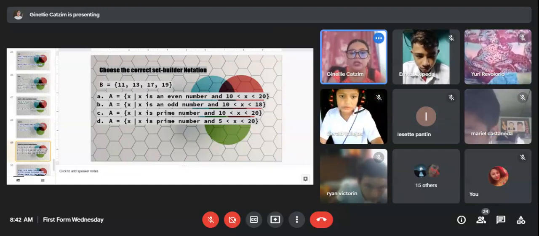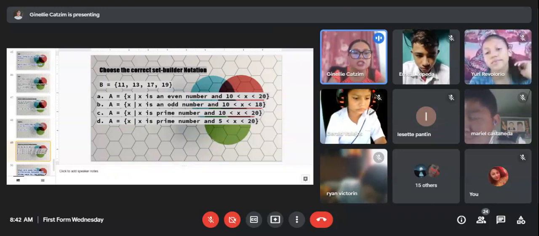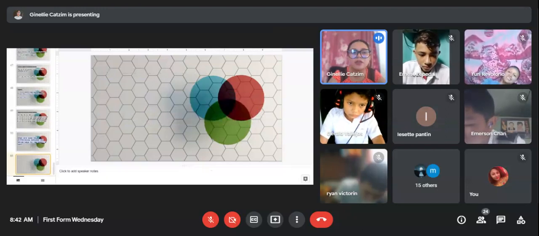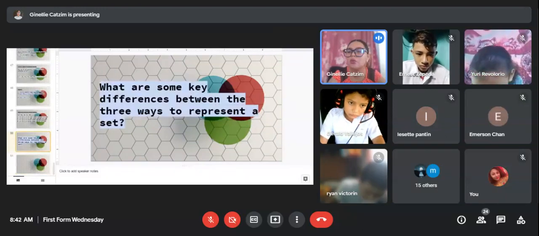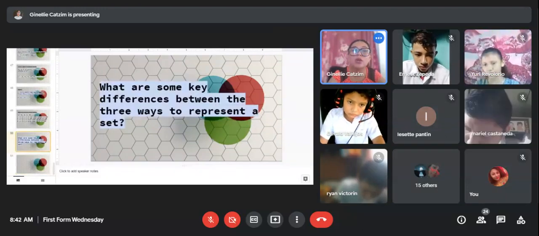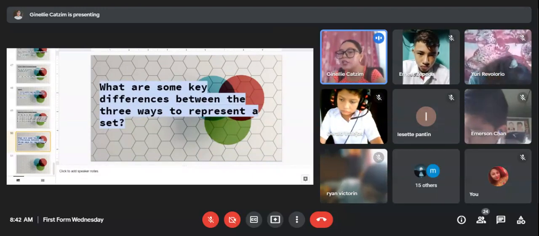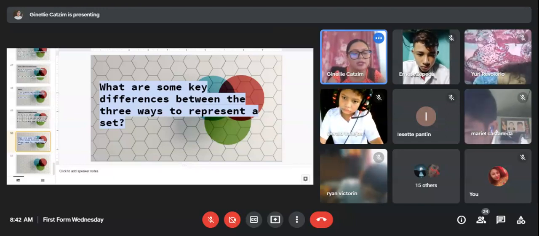So to end today's session, I want you to tell me what are some key differences between the three ways to represent a set. We have covered semantic, we have covered roster, and we have covered set builder notation.